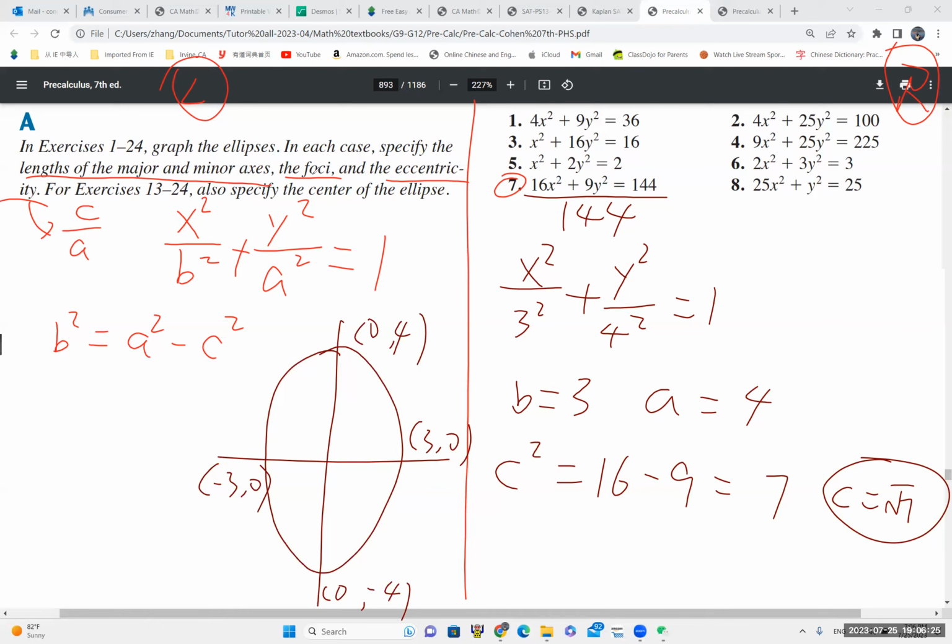The foci should be here, which is (0, radical 7), (0, -radical 7), right? Eccentricity is radical 7 over a, a is 4, right? Please take a screenshot. I'm done.